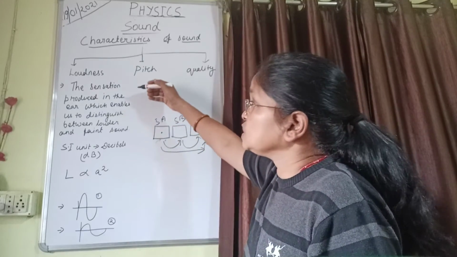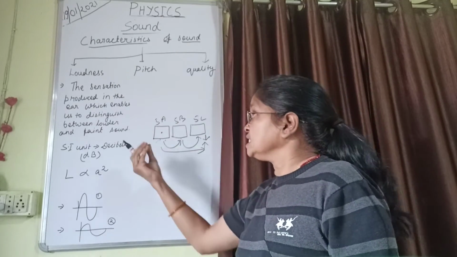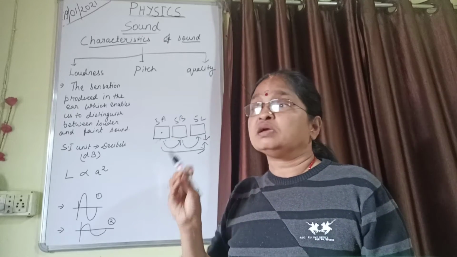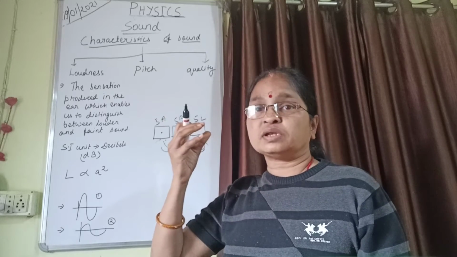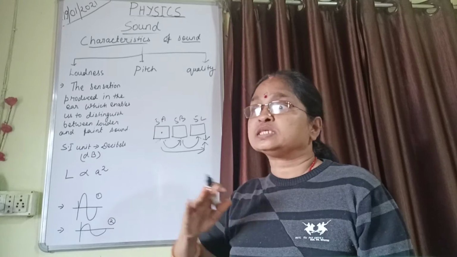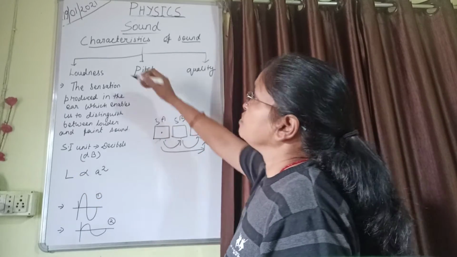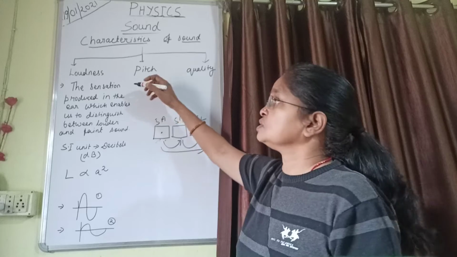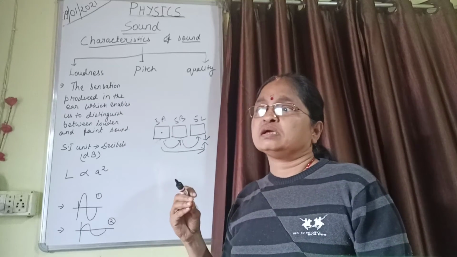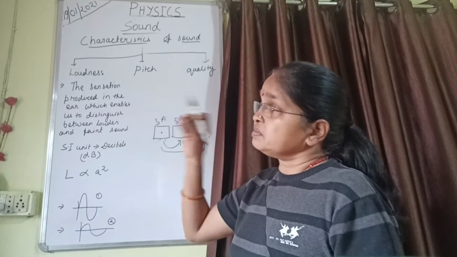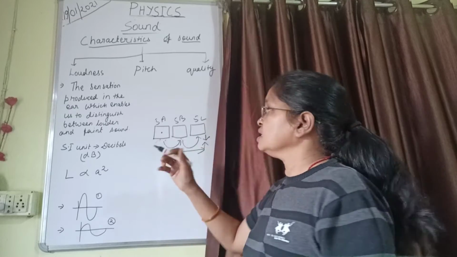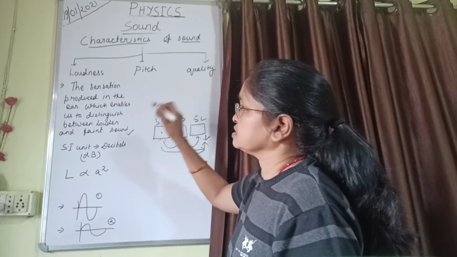Means the sound enters the ear and produces a sensation which goes to the brain, and then the brain identifies this type of sound. So what is loudness? I hope now you have understood. Loudness is the sensation produced in the ear.